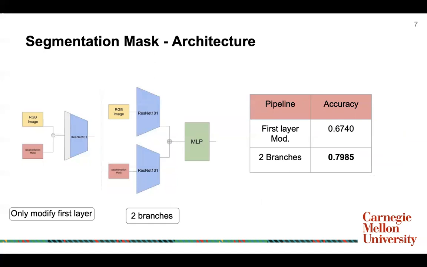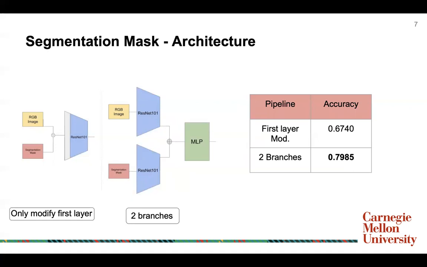Another thing we do is try to utilize the segmentation mask as an additional input to the models so that the model has more information about the geometric structure of the input image. Since we have additional input, the input becomes 6 channels, and we need a way to accommodate this change. So we modify our models in 2 ways.